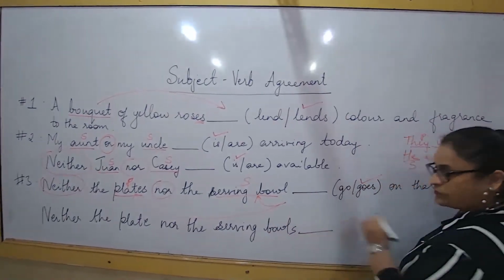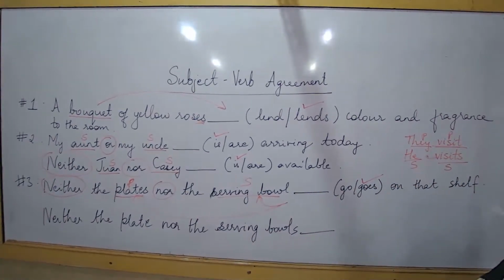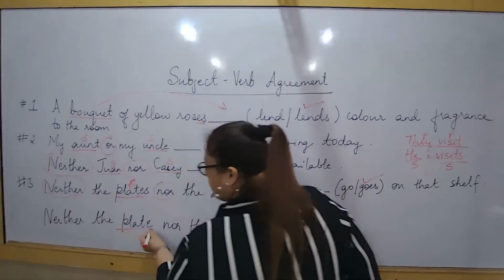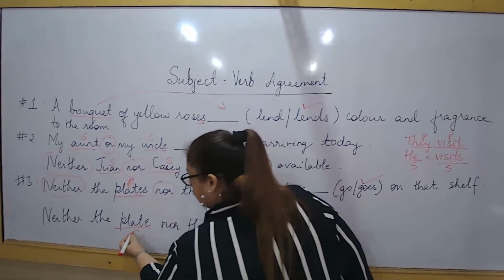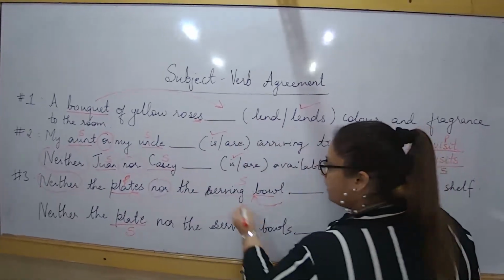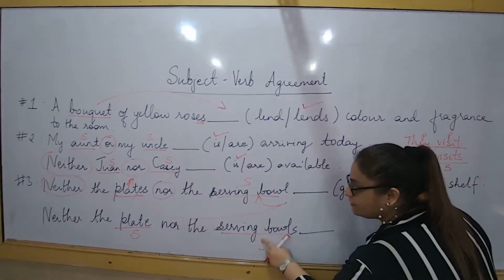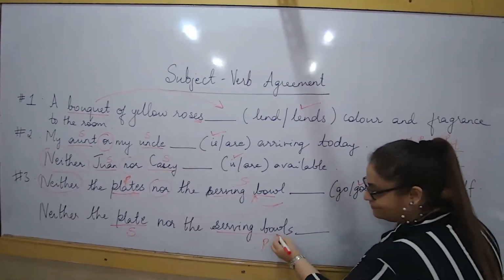Same sentence. I have changed something. This plate, what was singular, I have now made it singular, and what was singular, the bowl, I have made it plural.